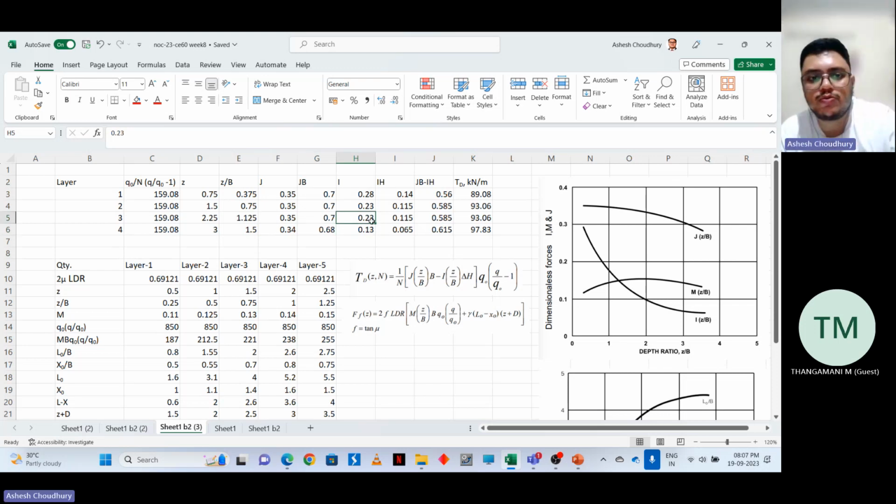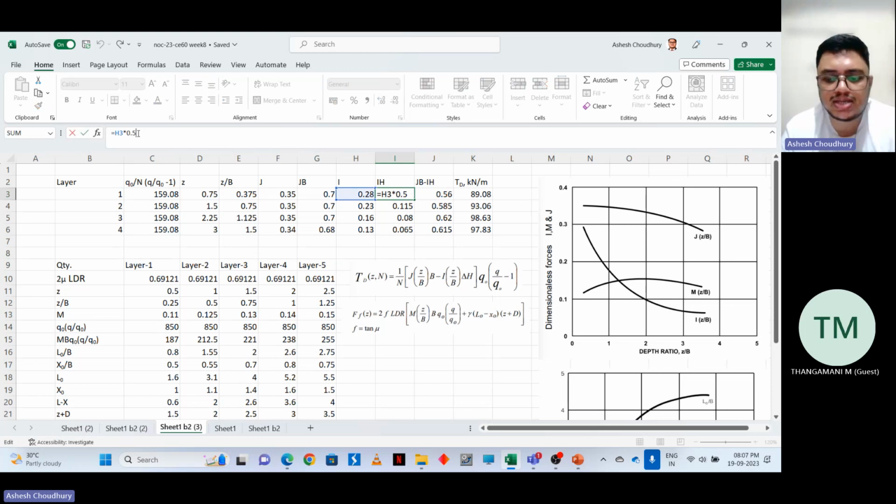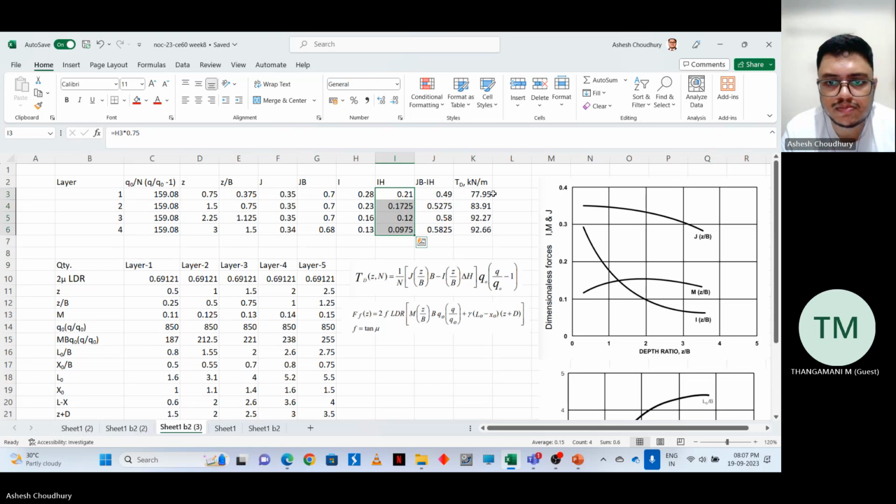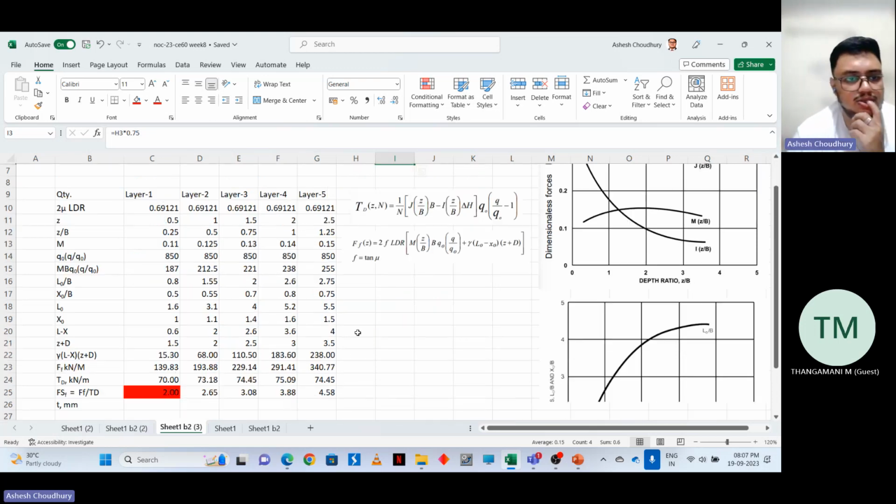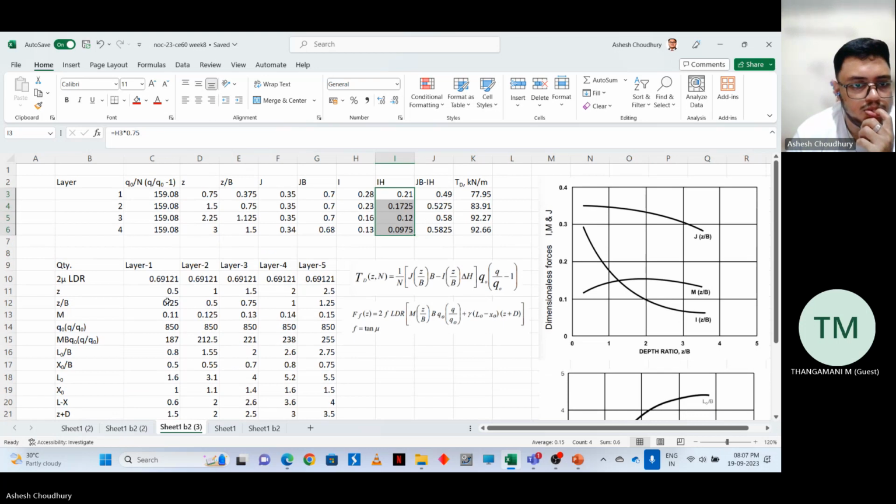How much to take for 1.125 here? 0.16. Just do it properly once. Okay. I into H. What is H now? H is 0.75. So this is that value. I have to change.